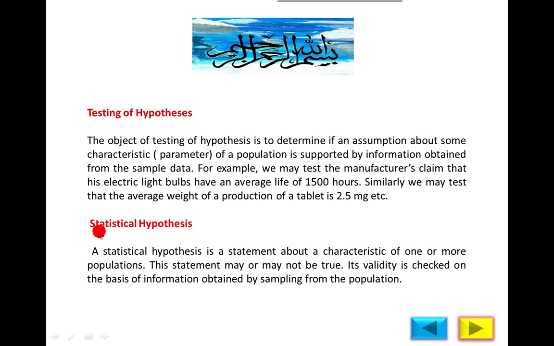And what is the statistical hypothesis? A statistical hypothesis is a statement about a characteristic of one or more populations. In testing of hypothesis, we can test the population mean, population variance of one population or two populations, three populations, and so on.